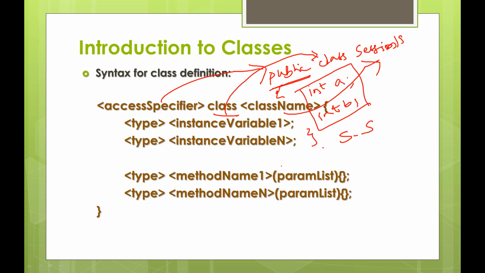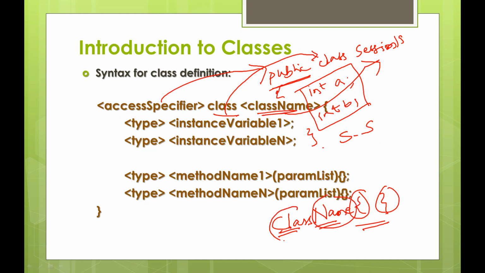Say, for example, if you want to rename this one, the first word is class, the second word is name, and then we open and close brackets. The first letter of each word should be a capital letter.